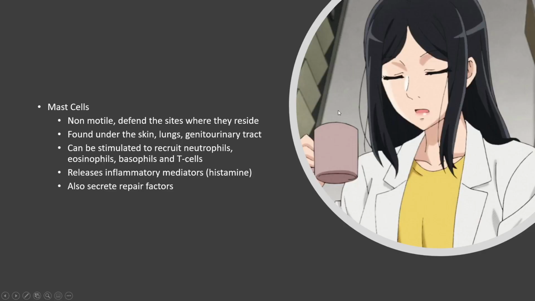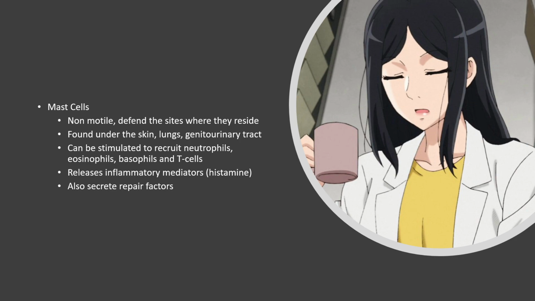Okay, so we have our mast cell. This is the representation in the anime of the mast cell. These are non-motile cells. These defend the sites where they reside. They are found under the skin, lungs, and genitourinary tract. They can be stimulated to recruit neutrophils, eosinophils, basophils, and our T cells.